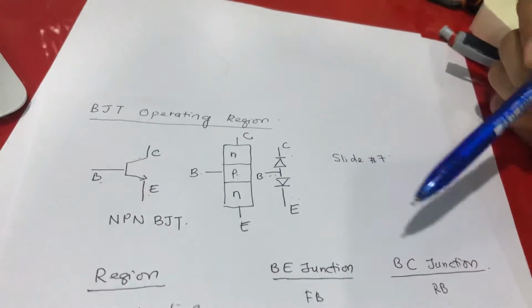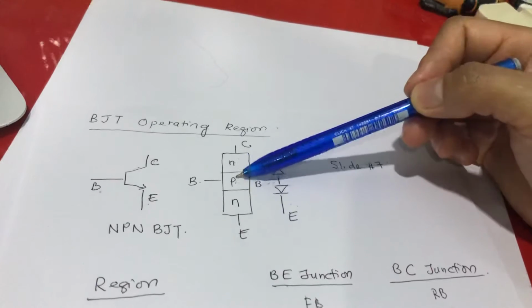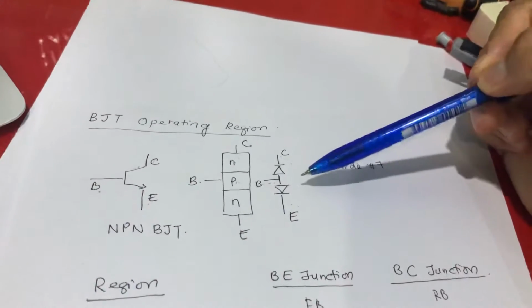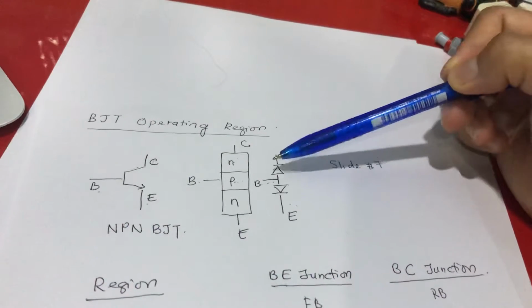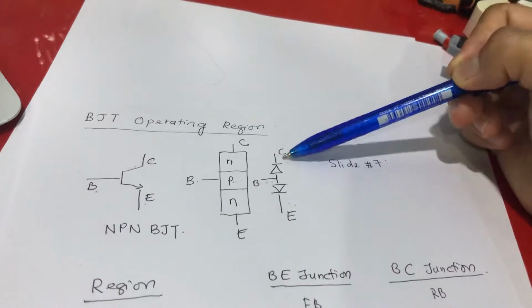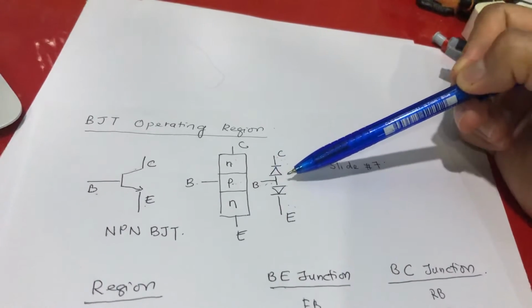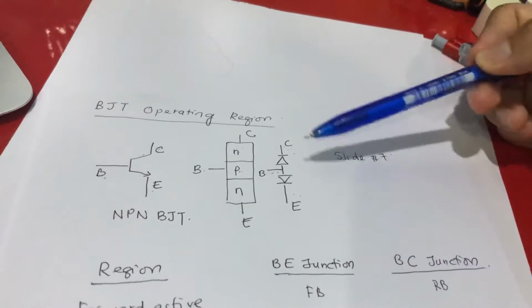Now, what does it mean by base collector junction reverse bias? Supposedly it is forward here. Now the diode is reverse bias, meaning that the voltage at the collector is higher than the base. That is why it is reverse bias here.